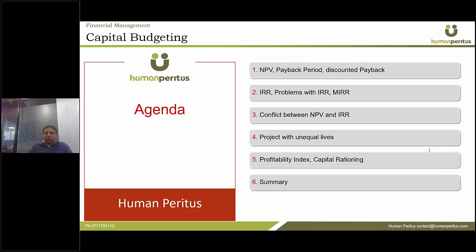Course of financial management? Of course not. There are so many topics still left. We haven't done even 20% of it, Ankit. Valuation of bonds, valuation of stocks, dividend theory, cost of capital, leverage, working capital management, international FM, derivatives, everything is left.